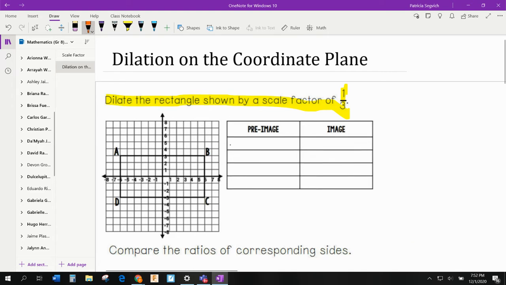So let's first find our preimage coordinates. Our preimage A, the coordinates would be -6, 3. So I'm going to put a -6, 3. And for B, we have a +6, +3.